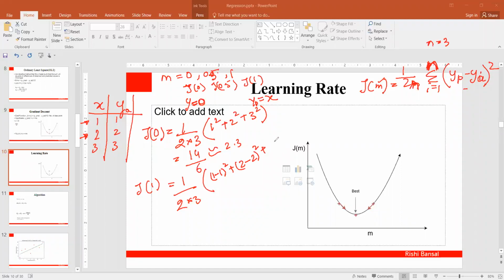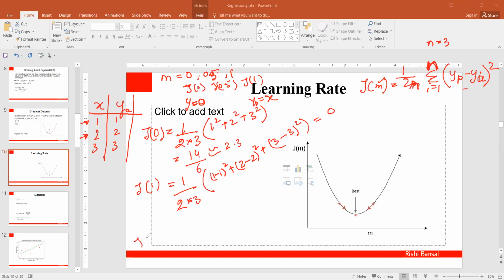No problem. Now for x equal to 3, what is your y predicted? 3. And 3 minus 3, what is here? This is 0, correct? So J0 we got 2.3, J1 we got 0.